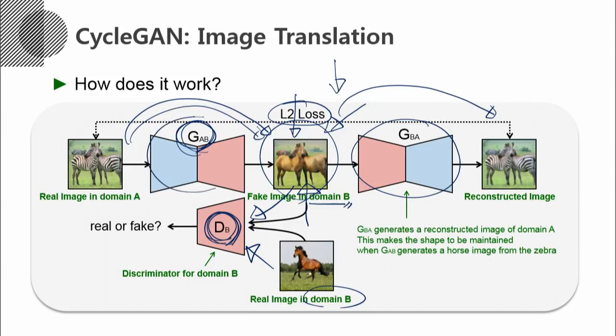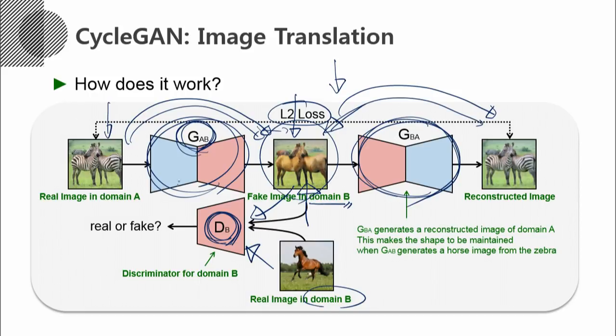So these two parts are two different generator or image translation networks. The first one converts zebra images into horses with brown color, and this part converts them back to zebra images.